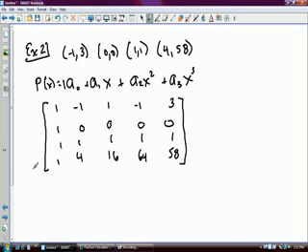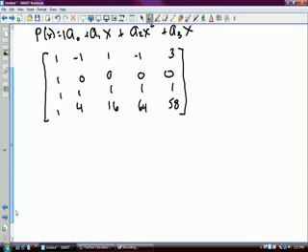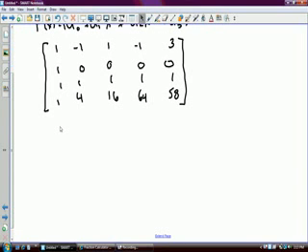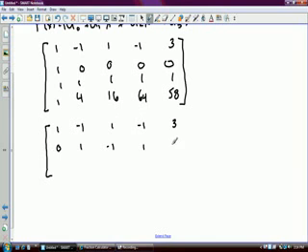And so I'll slide down a little bit. See if we can't solve this guy. So I got 1, negative 1, 1, negative 1, 3. Multiply by negative 1 to get 0, positive 1, negative 1, positive 1, negative 3.